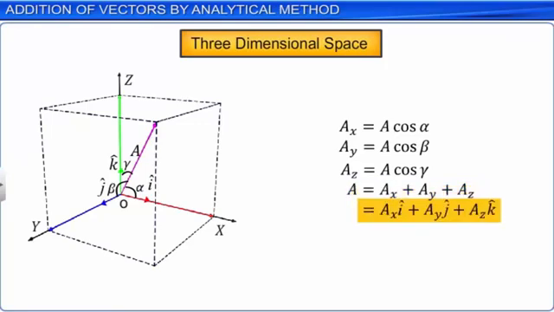Here, ax, ay, and az are scalars, and i, j, and k are unit vectors. The magnitude of A can be written as the square root of ax square plus ay square plus az square.